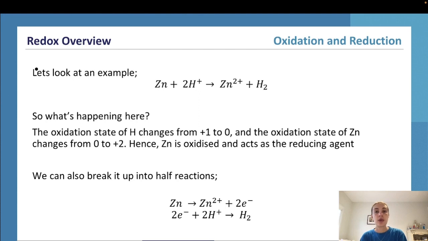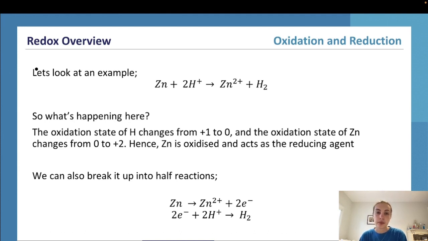You also need to consider that what is gaining electrons will end up with a more negative value than it started with, and what is losing electrons will end up with more of a positive value than it started with.